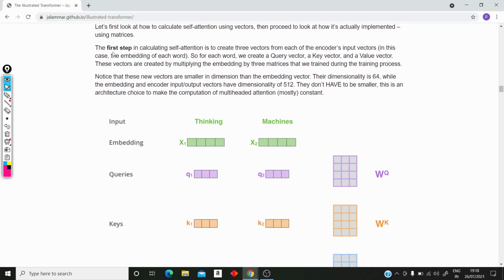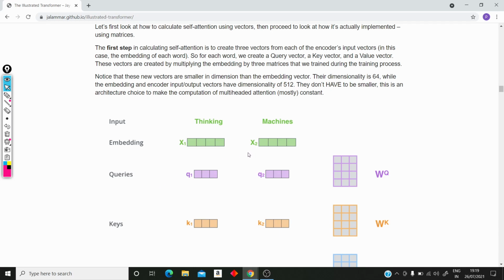So the very first step is that based on a word, we'll convert it into a 512 dimension vector. As per the paper, it's written that it's not necessary that you have to have 512, you can use anything, as I already said, but they are using 512 over here.